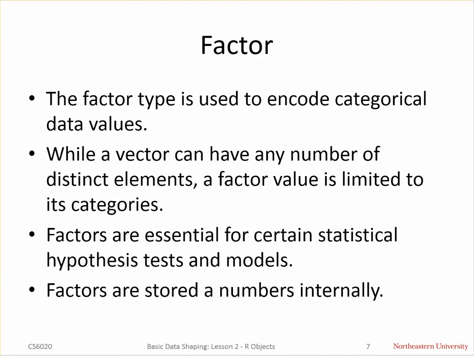This is very important for certain types of statistical hypothesis testing and modeling, like building an ANOVA. The reason is that factors are stored much more efficiently than simple text strings, and it also allows certain types of processing and statistical analysis because internally they're really numbers. So factors are stored as numbers internally.